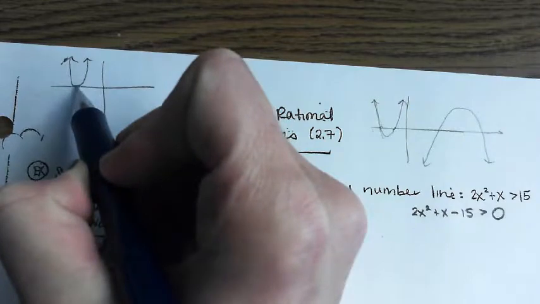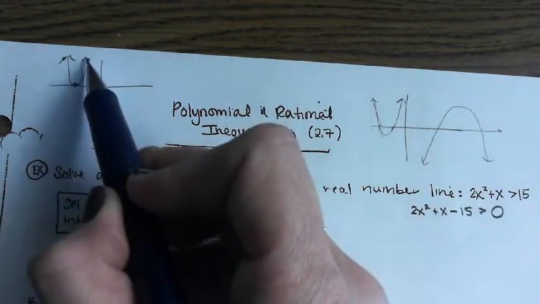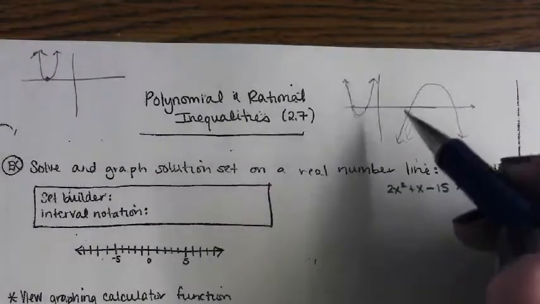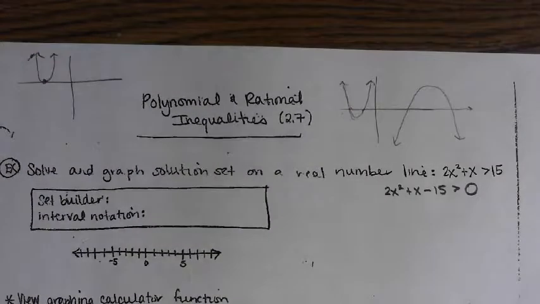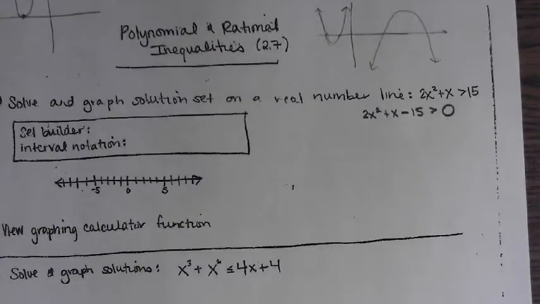Here's a 0. It's positive prior and it's positive after. So there are cases where it can be positive on both sides of the 0, or negative on both sides. But if it cuts through the x-axis, it's positive on one side and negative on the other. So we still want to find our zeros because those are our critical points.